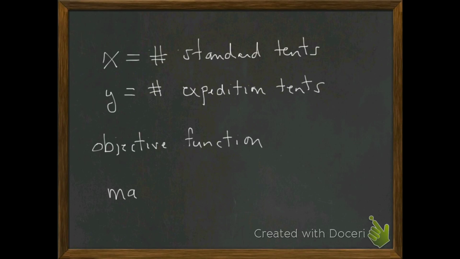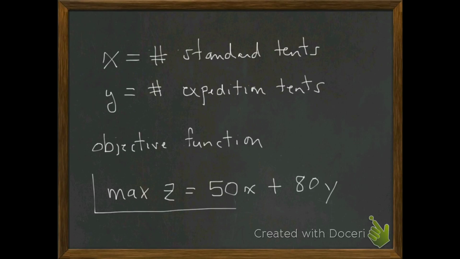I'm going to maximize Z, $50 on the standard tent and $80 on the expedition tent. So guys, this is the first important part of my linear programming problem.